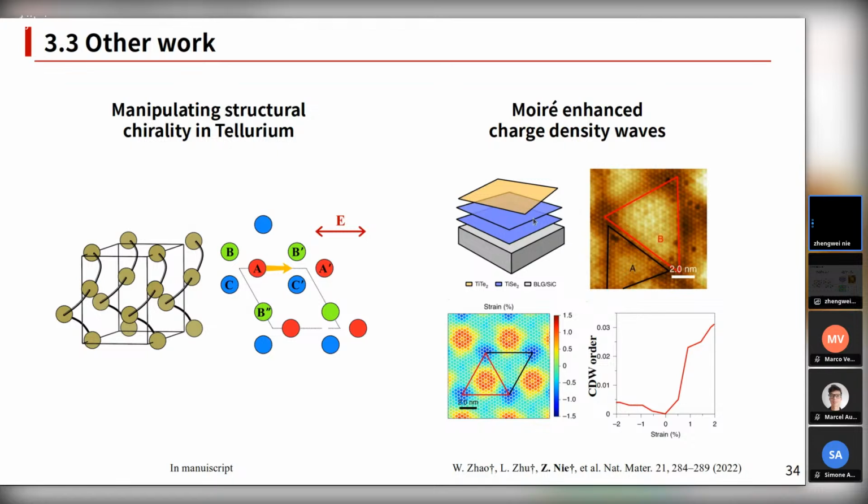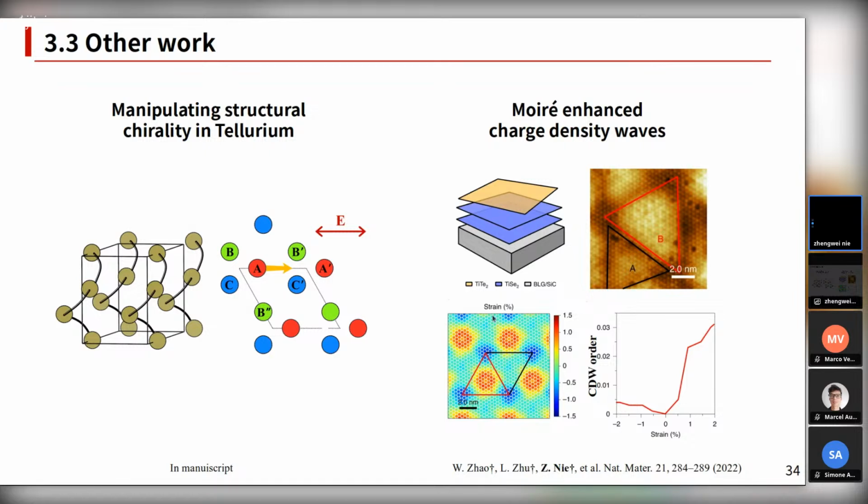My collaborators construct a TiTe2 and TiSe2 heterostructure. Usually the charge density wave in TiTe2 is very weak and it only occurs at very low temperatures. But in their case, the charge density wave can occur up to the room temperature.